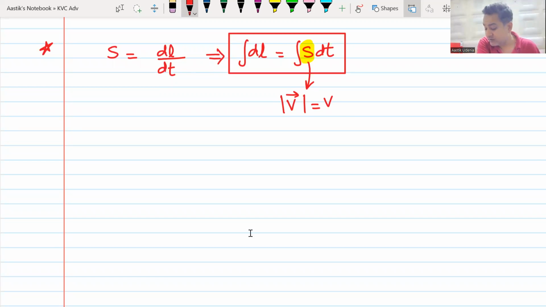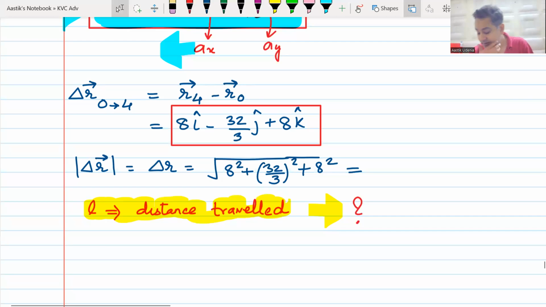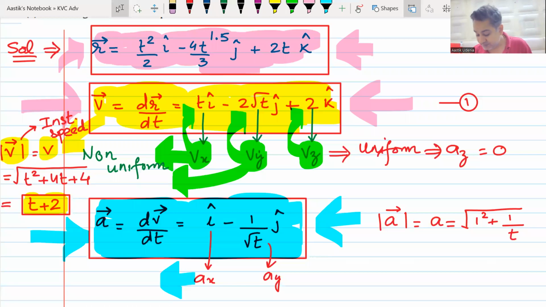Now let me go back to the question where it all started. This was the question that we were dealing with, and we had to find out the distance traveled by this particle. To do that, we need to know the instantaneous speed, and we had already calculated it. It was t plus 2.